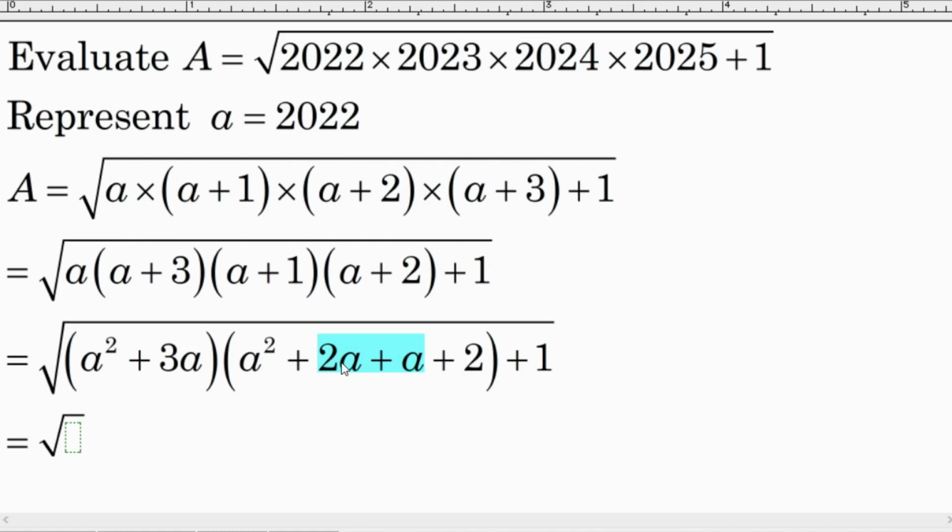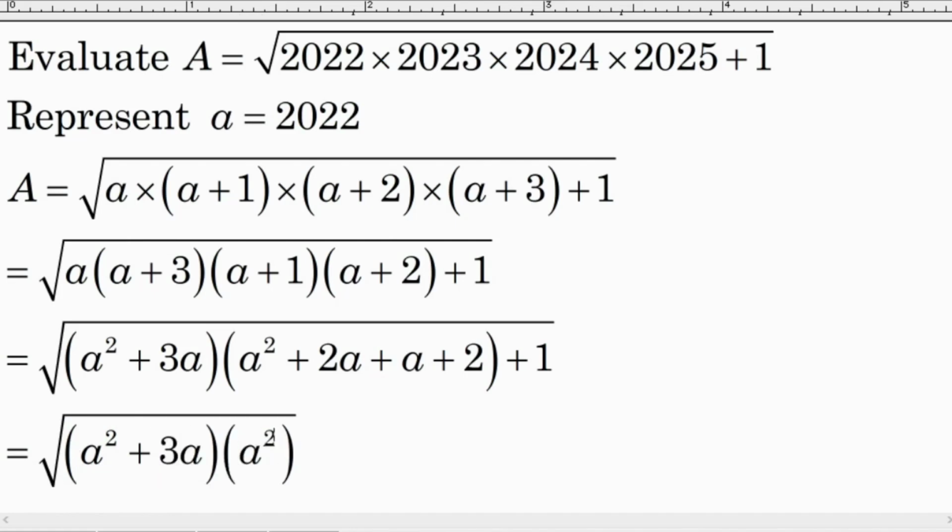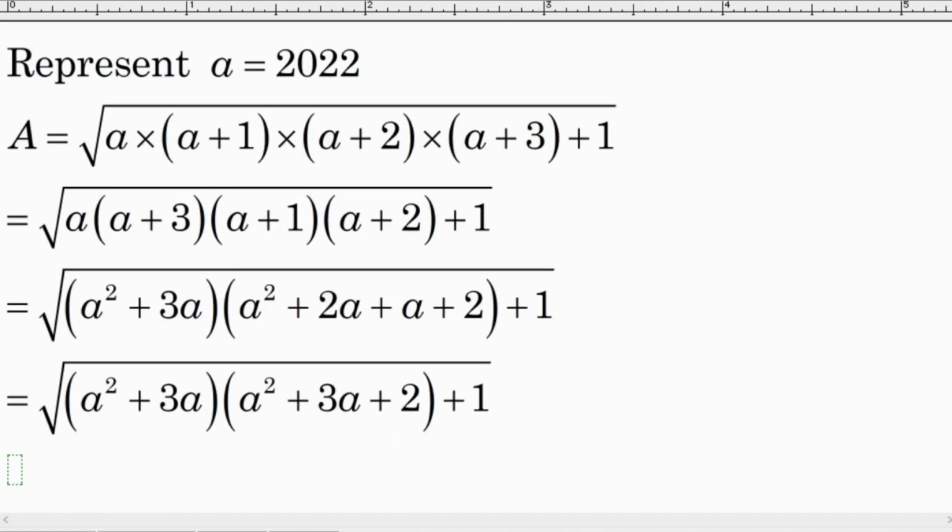Here we have 2a, and plus a would be 3a. So we keep it the same: a square plus 3a, and then a square plus 3a, and then plus 2, and then plus 1 here.